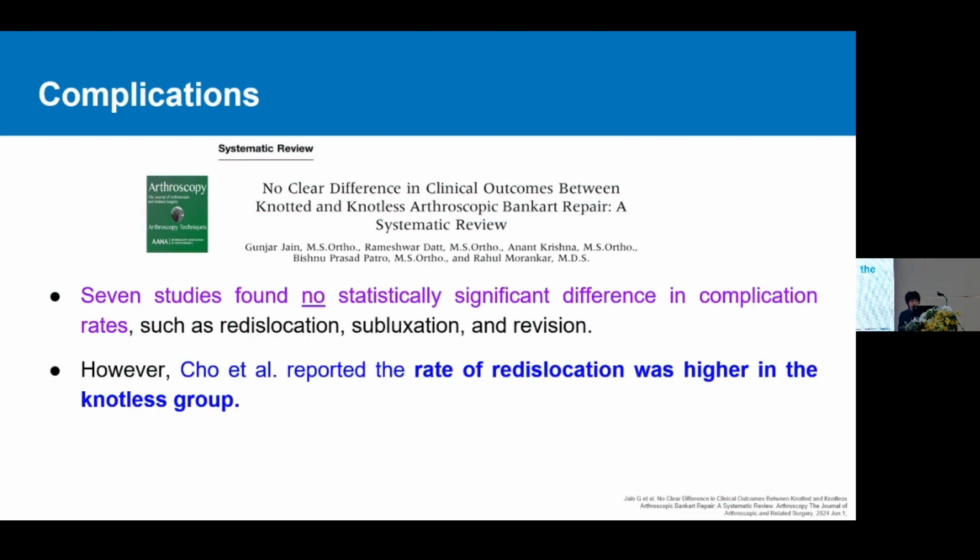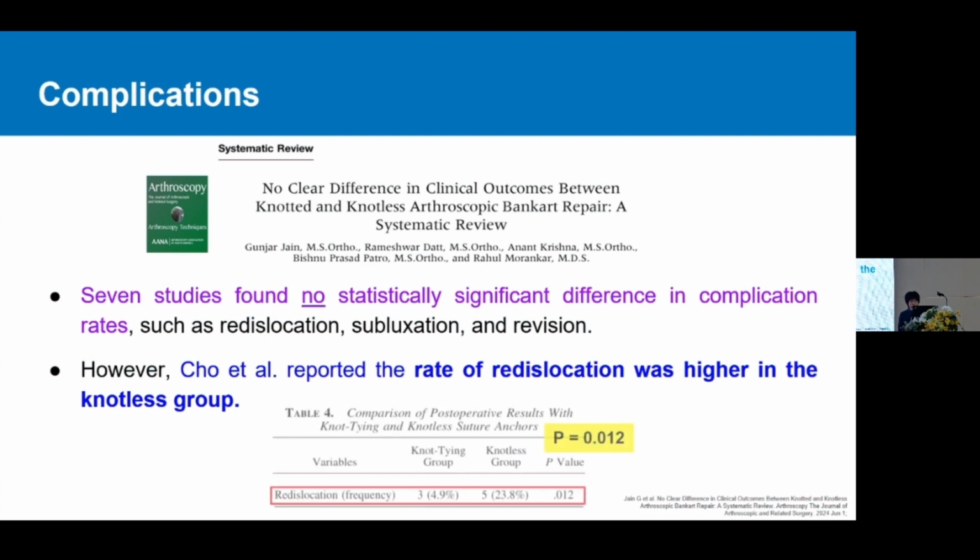And the recent systematic review including 7 studies found no significant difference in complications, such as recurrent dislocation, subluxation, or revision. But the study by Dr. Cho reported that the redislocation was significantly higher in the knotless group.